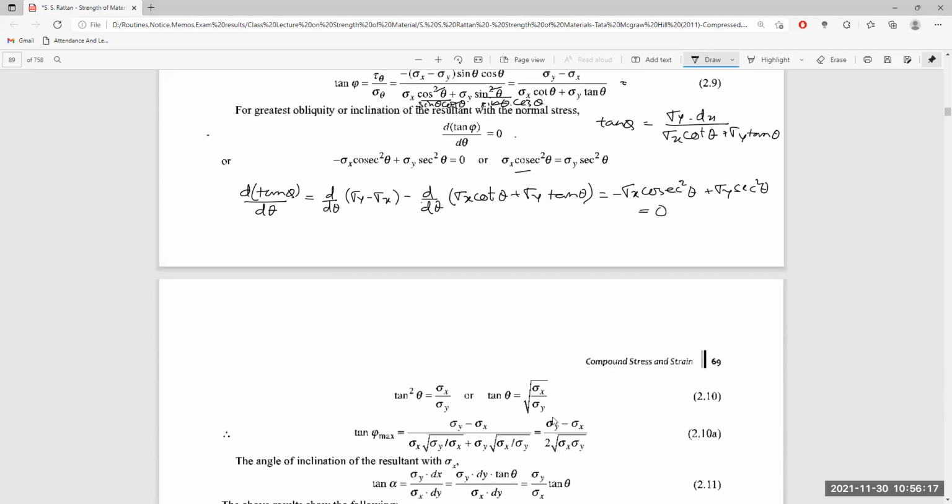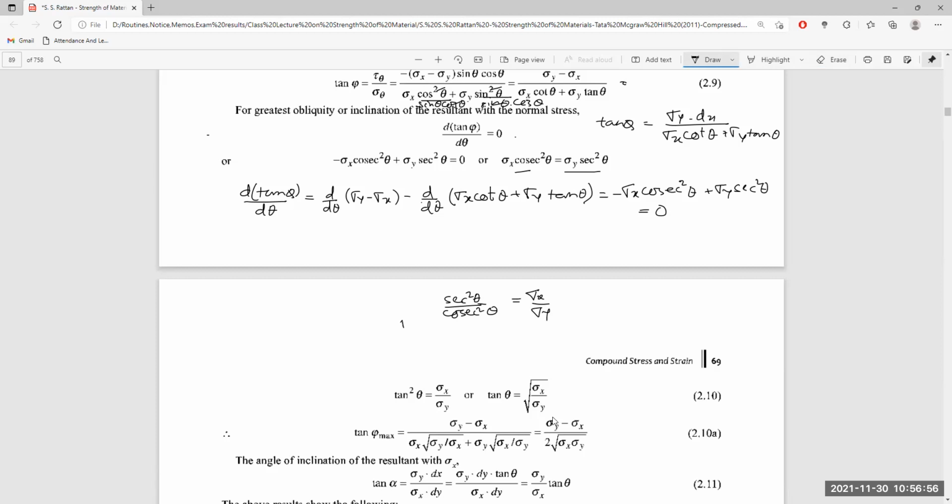So sigma x cos square theta equals sigma y sec square theta, which gives sec square theta divided by cos square theta equal to sigma x by sigma y.